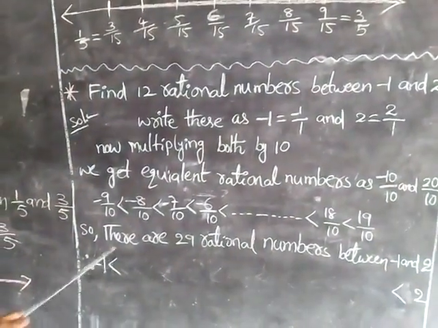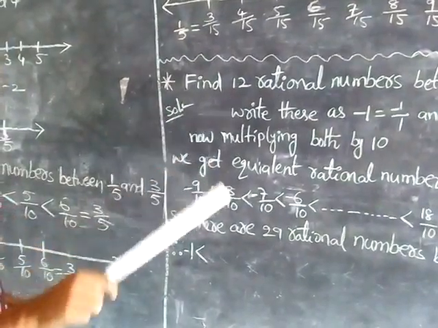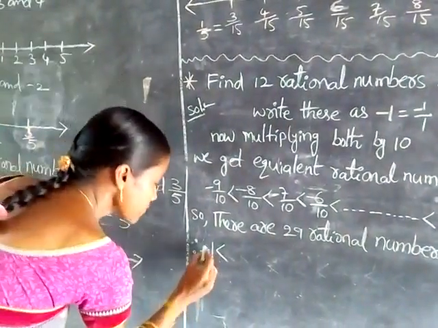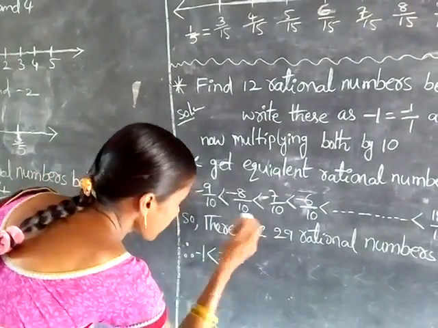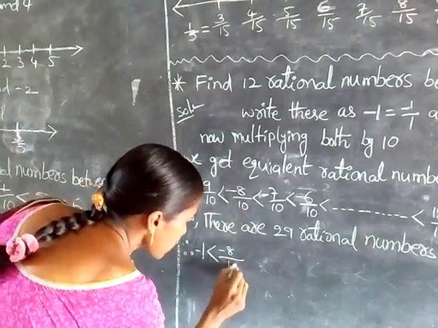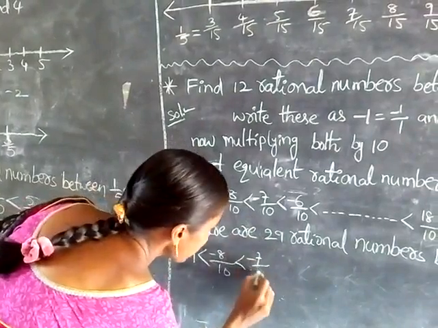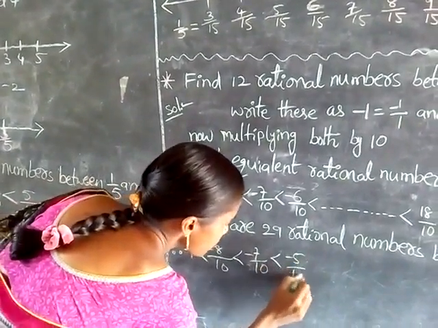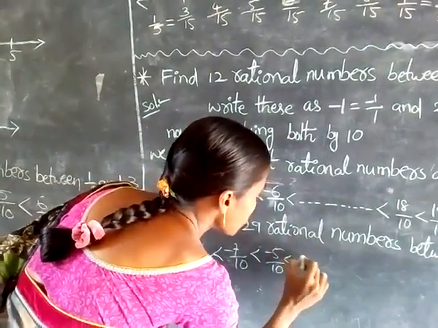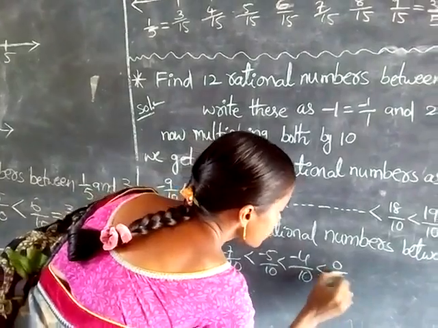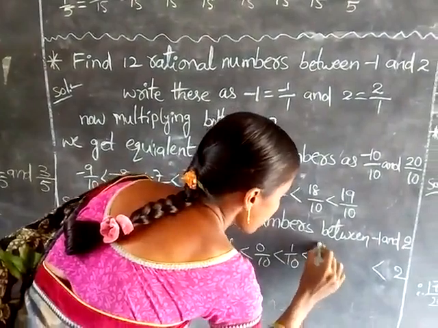Okay children? So from this you can take any 12 rational numbers to write the answer. Therefore, -1 is less than -8/10 is less than -7/10 is less than -5/10 is less than -4/10 is less than 0/10 is less than 1/10 is less than 12/10.